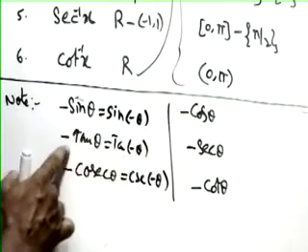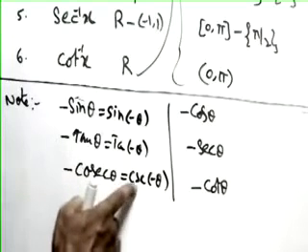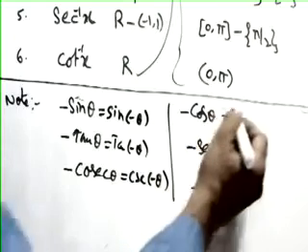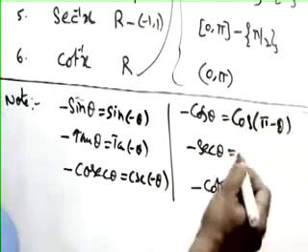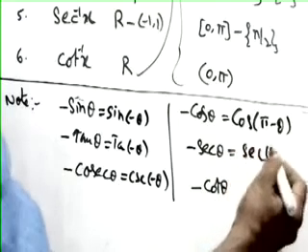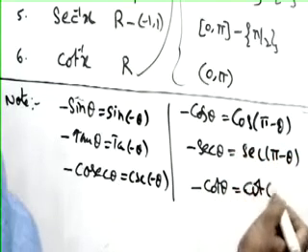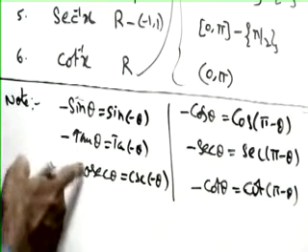Whereas if you get minus cos theta, you have to write it like this, cos of pi minus theta. Minus secant theta, we write secant of pi minus theta. Minus cot theta, we write cot of pi minus theta.